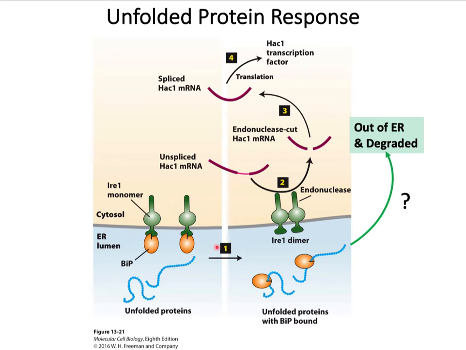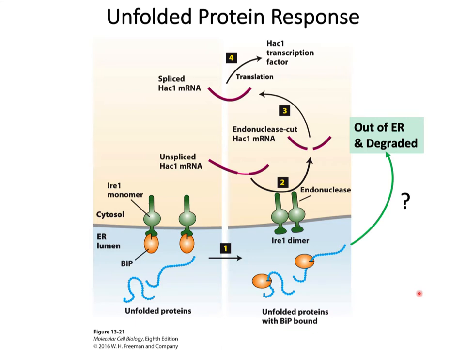But if unfolded proteins occur in the lumen of the ER, BiP will bind to these proteins and come off the IRE1 endonuclease. In that case, when IRE1 is empty, it dimerizes. This dimerization of IRE1 is the active form, and these endonucleases are activated at this point.